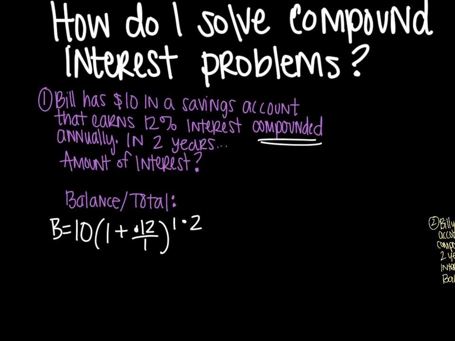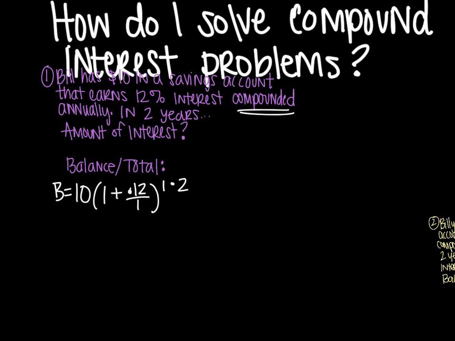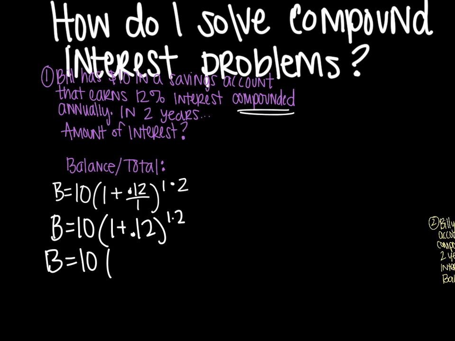Then you need to simplify the problem. This is what takes a little bit more time. So B equals 10, following order of operations, so parentheses first, 1 plus, and then 0.12 divided by 1 is just 0.12. And then B equals 10 parenthesis 1.12, 1 and 12 hundredths.